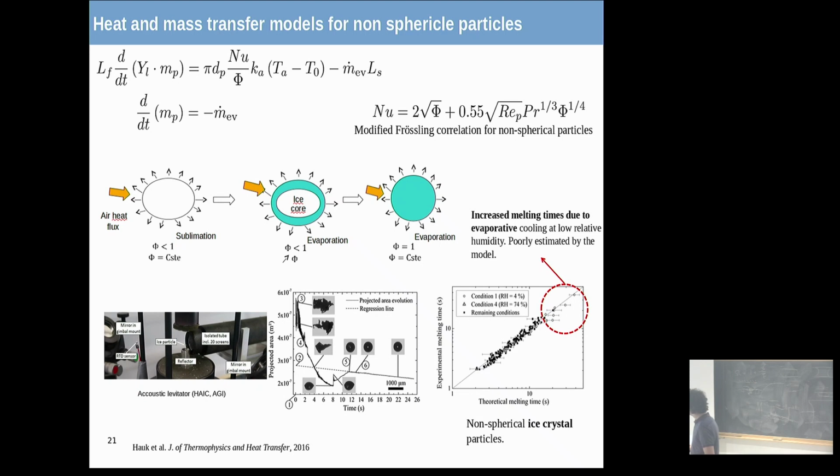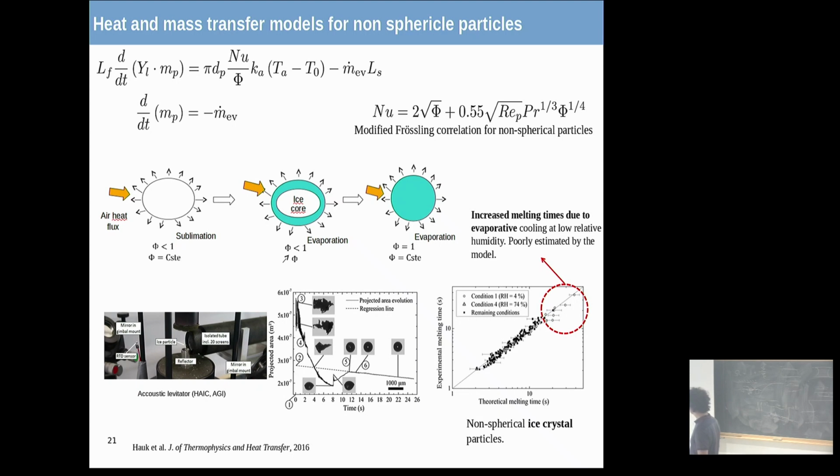And here is the projected area of the particle. So you have a complex shape which melts, and after a while it becomes spherical, and they are able to measure the typical melting time. And what we did, we compared the experimental melting time versus what we call the theoretical, that is to say the solution of this equation, and we see that that's not that bad, except maybe for larger times.